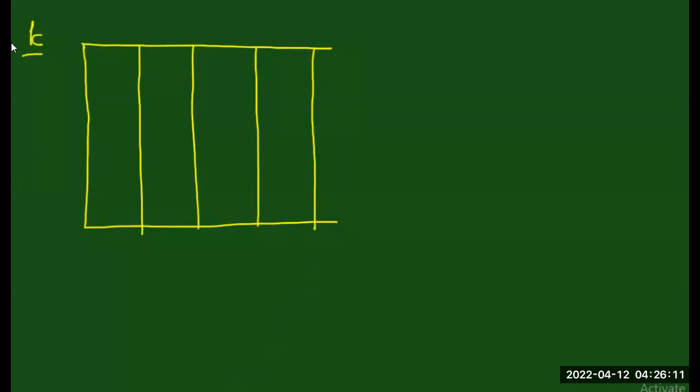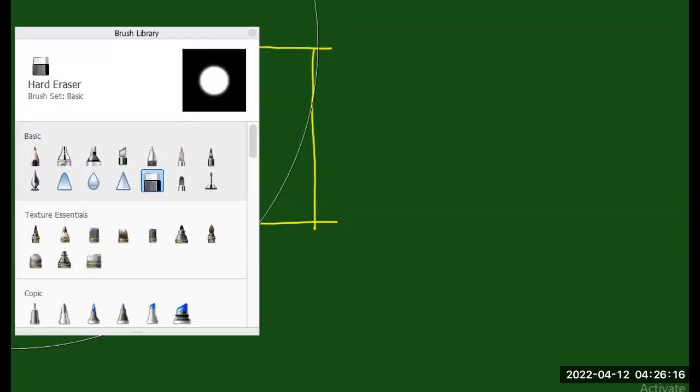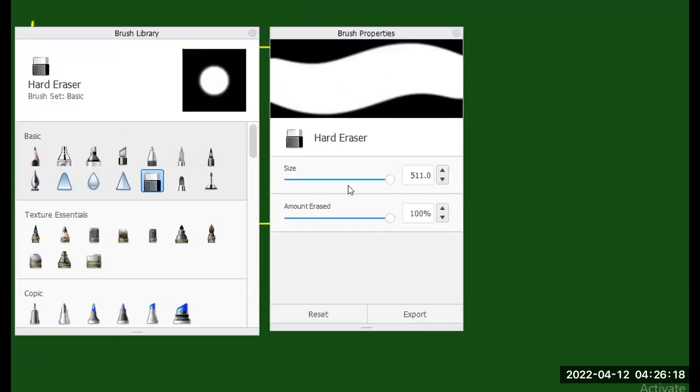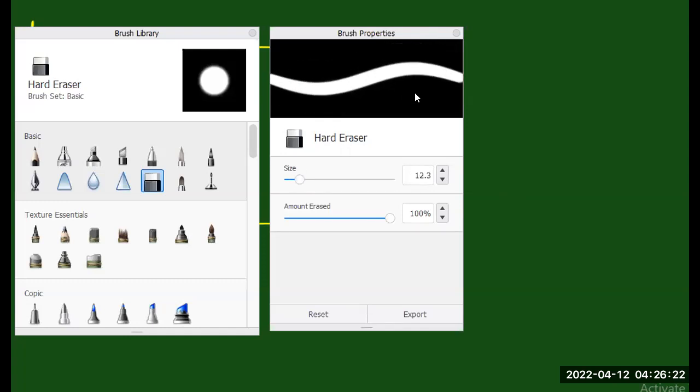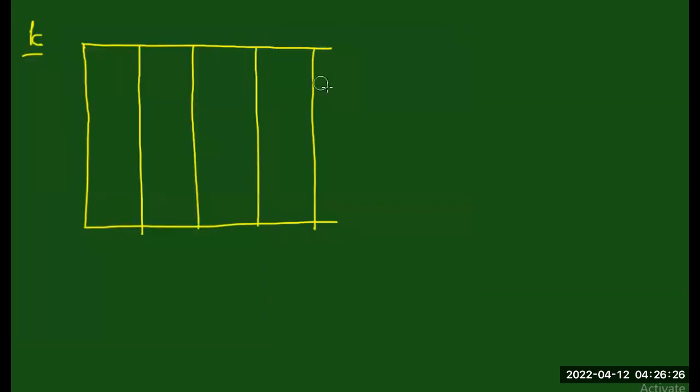We've been given 4 columns. The eraser was just too big. Okay, so there are 4 columns and how many rows? 3 rows.